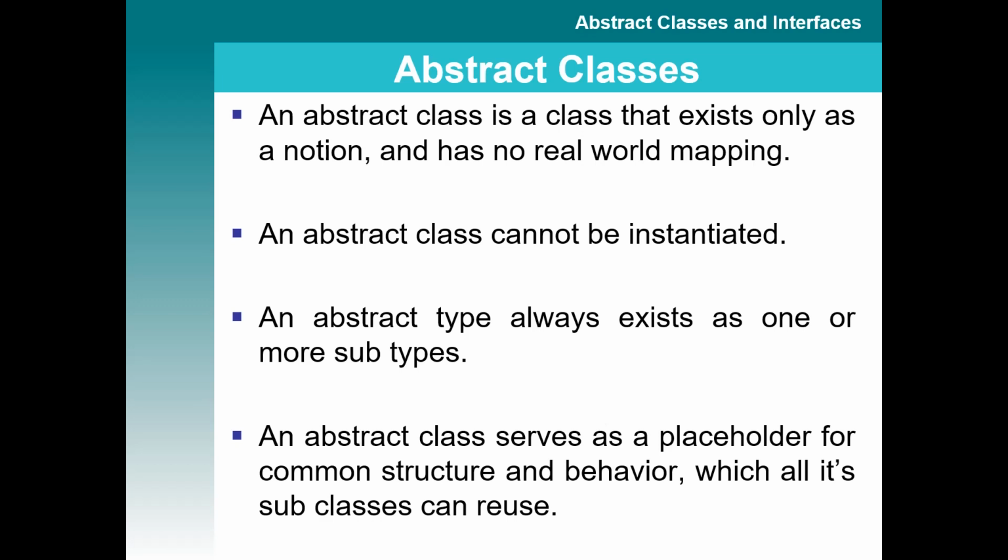You can't create an object out of an abstract class. Objects always exist in the form of one of its subtypes. Specialized subclasses, which are concrete, can only be instantiated. So therefore, in a way, abstract classes serve as a placeholder for common structure and behavior, which all of its subclasses share or reuse.